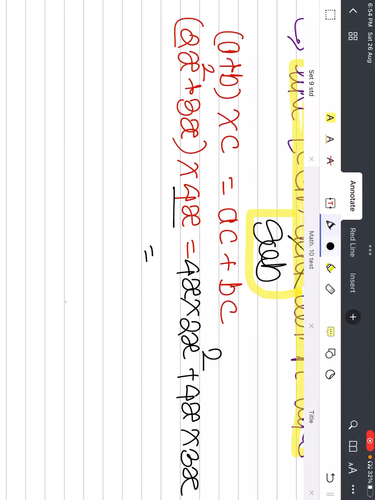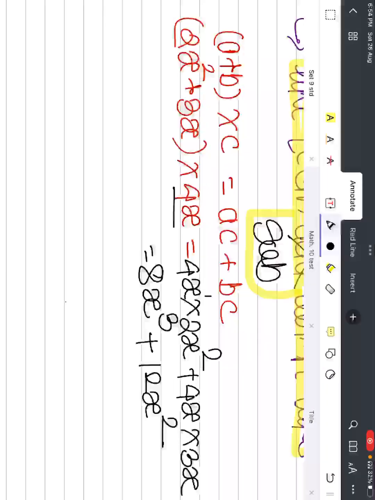So 4 twos are 8, x raised to 1 into x raised to 2 becomes x raised to 3, plus 4 threes are 12, x into x, x raised to 2. Clear? So likewise we have to simplify the terms. This is your final answer.